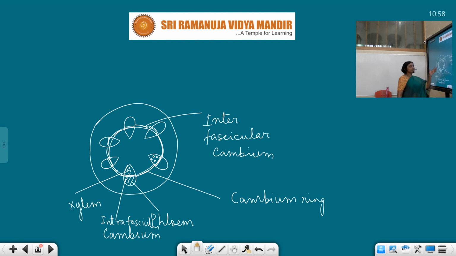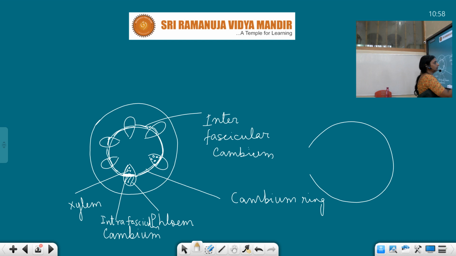And this cambium ring is undergoing division, and towards the inner side it is having fusiform initial and ray initial. So here the fusiform initial is present, and in this cambium ring the ring part is ruptured, and many secondary xylem is forming.